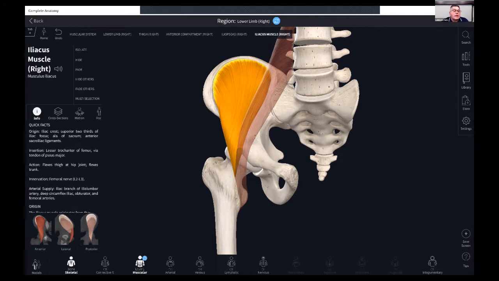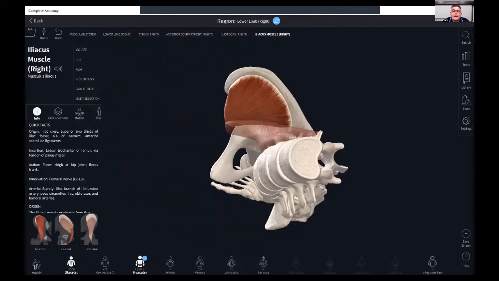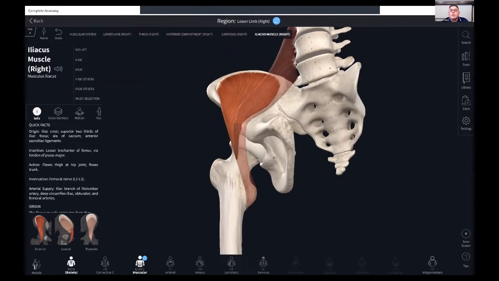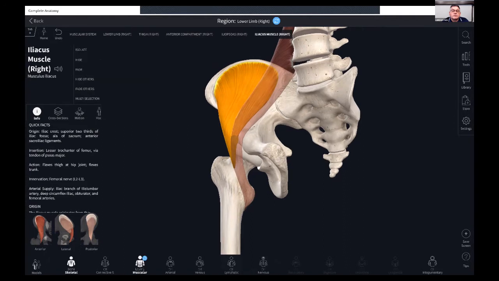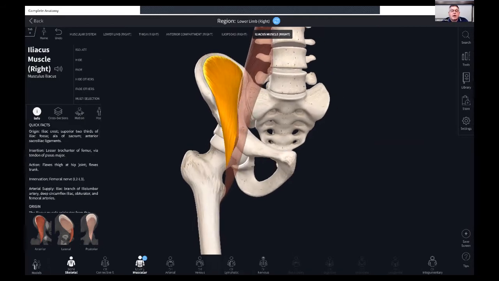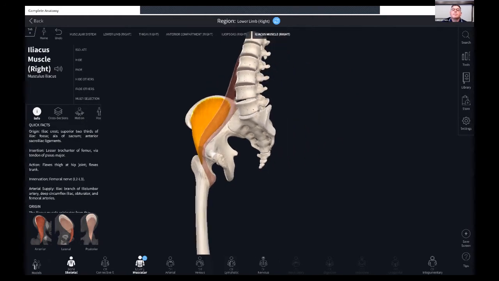And then the anterior sacroiliac ligaments, which are going to be deep, and they're not represented here, but beneath psoas, those ligaments would be sitting right there, and it shares an attachment there. Its insertion is the lesser trochanter of the femur via the tendon of the psoas major. So there we see how it has that common insertion with psoas. Here, iliacus is actually innervated differently, by the femoral nerve L2 and L3.